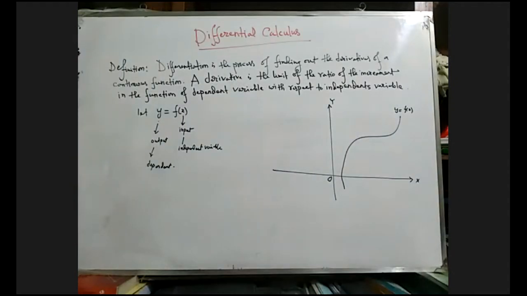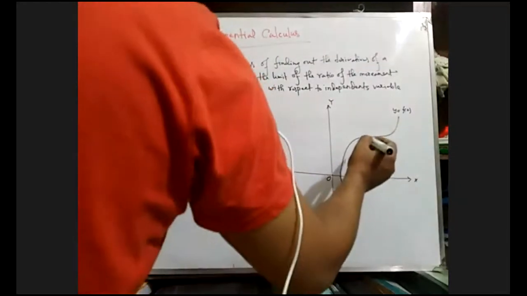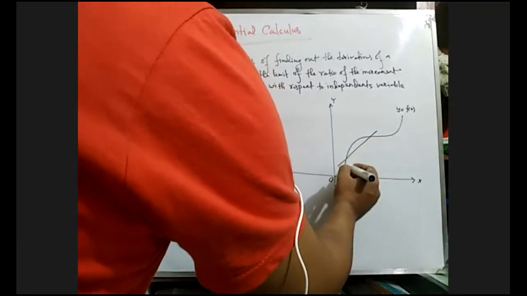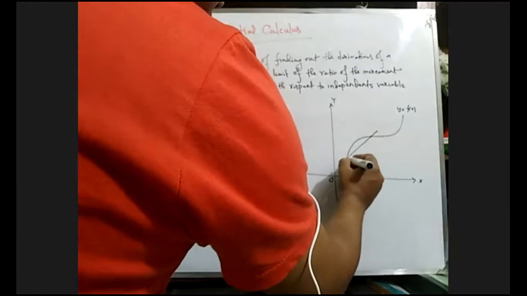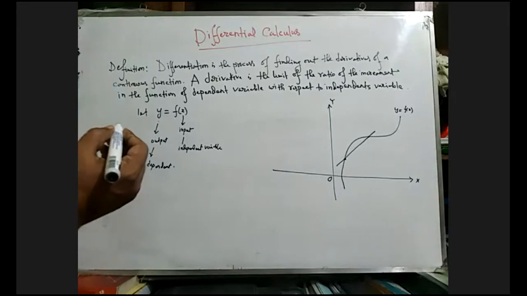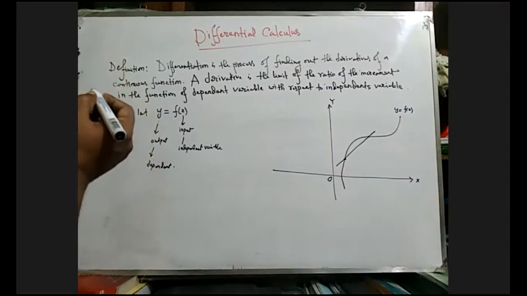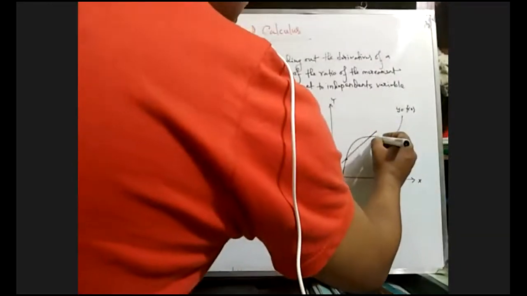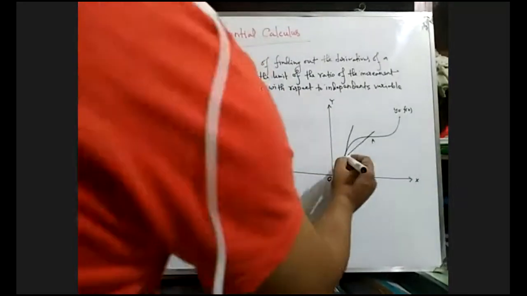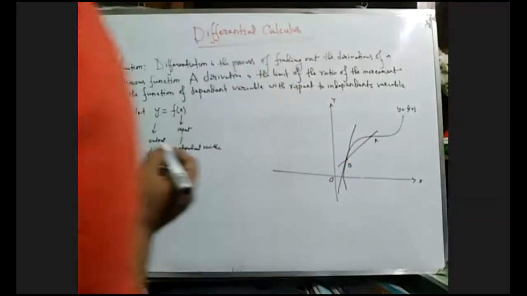And if we take any 2 points, suppose this is the point A and this is the point B. Then we can draw a tangent to this curve at this point. This is the tangent of the curve y equals f of x.